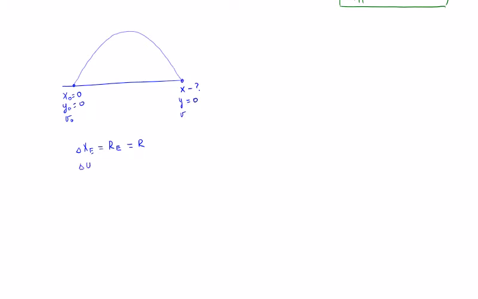and delta y on earth equals 0, because initial and final positions are 0. Now let's see, delta x on earth equals v naught x times time on earth.